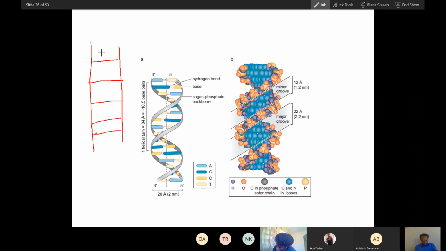And when it folds like this, you can see the width of the minor groove is about, just remember, about 1 nanometer, and the width of this major groove is 2 nanometer. So remember in a rough way, then you will remember. There is significance of major groove and minor groove. We'll talk about that later.